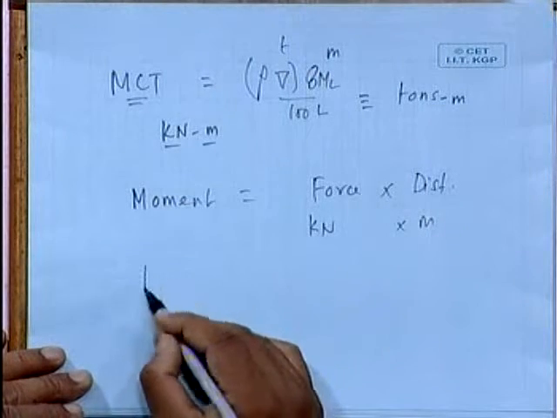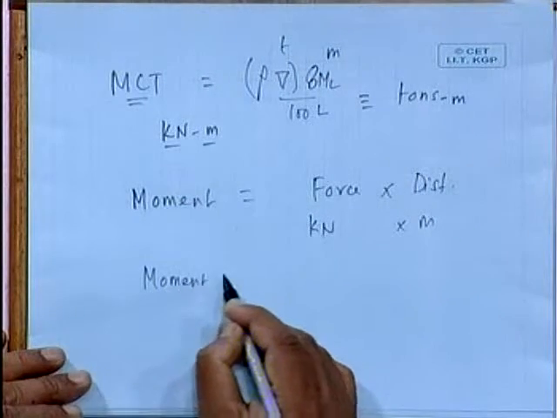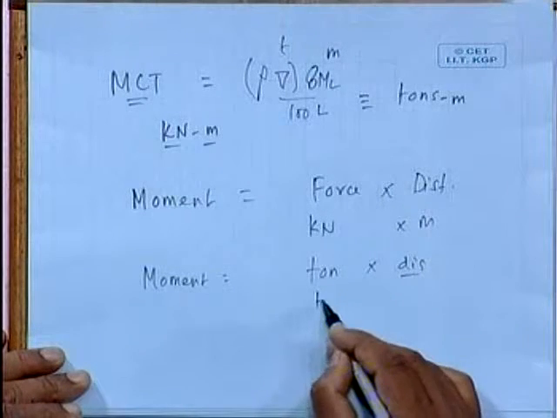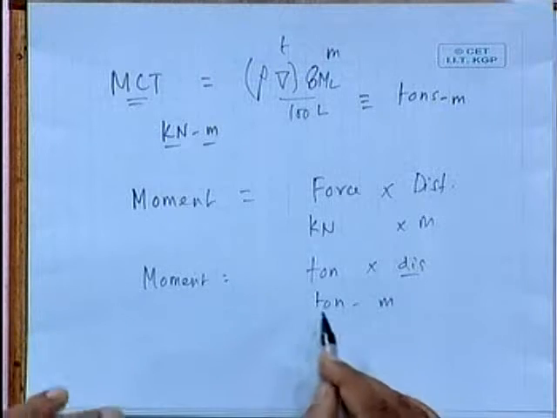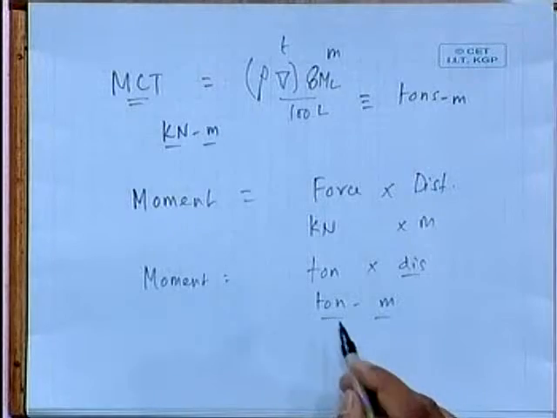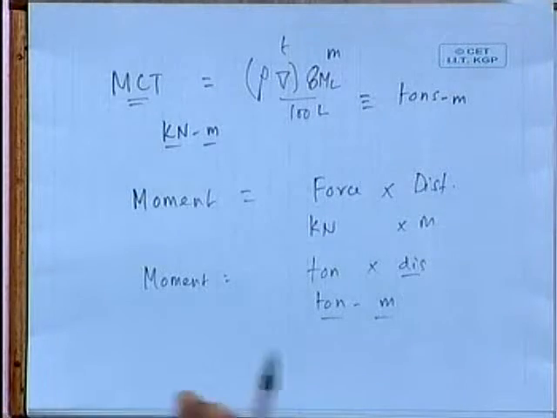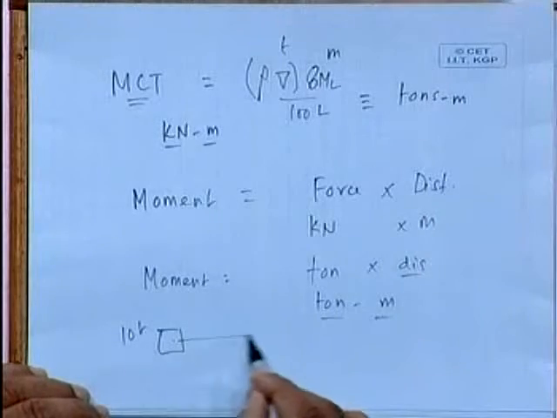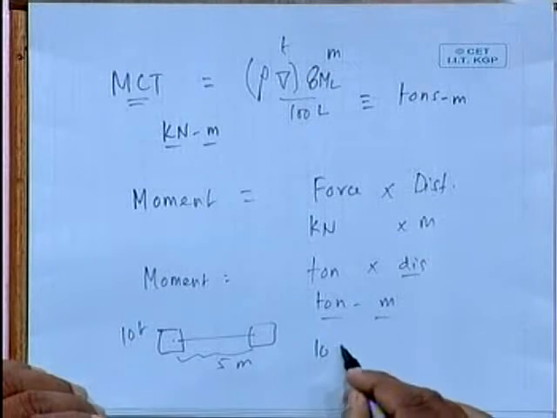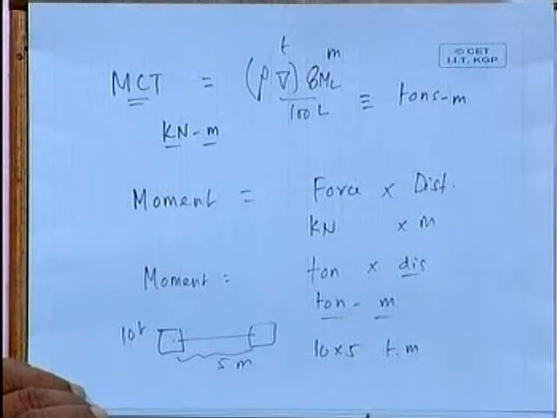But if you write moment as tons into distance, like ton meter, which we write sometimes, we are implying, for practical calculation, when we are shifting so many tons, say 10 tons from point A to point B. If I shift a 10 ton weight by 5 meter, I will say that I have given 10 into 5 ton meter of moment.